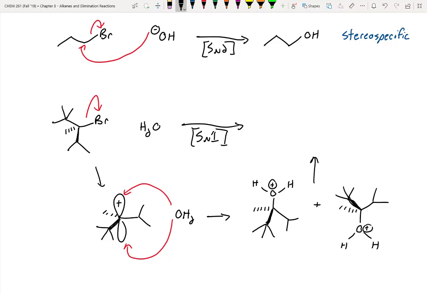And then we can get to our final product by removing one of these protons. I'm just going to cheat and show this as minus H plus to simplify things. And we would get two different products.